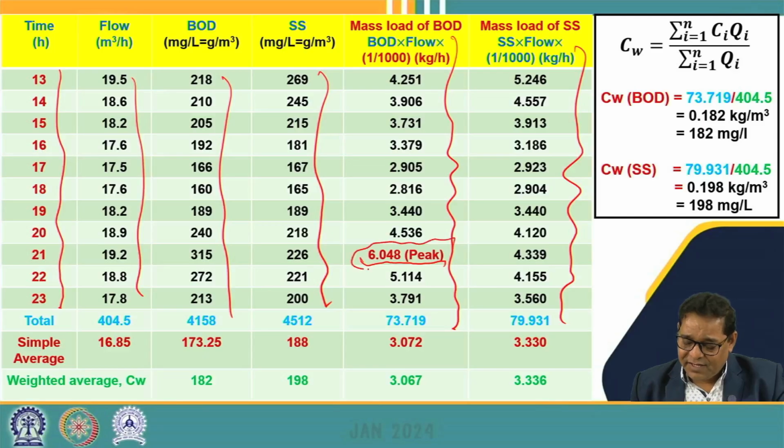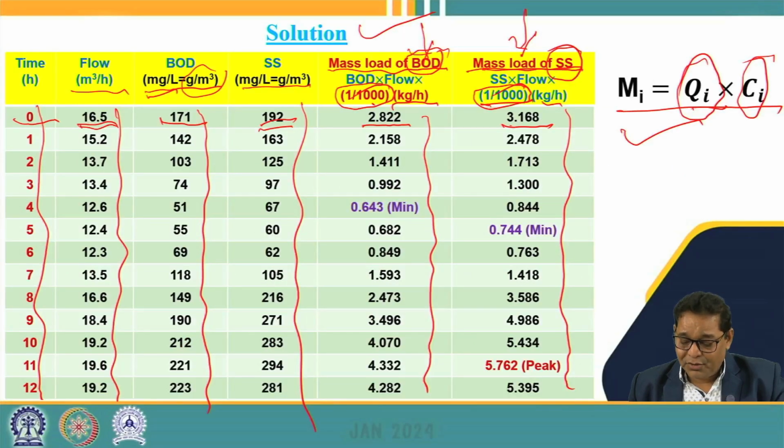So this is taken as the peak loading rate. Similarly, we also analyze the minimum loading rate, that is the value we get out of these 24 hours. If we look at the mass load of BOD, this value is 0.046. This value is 0.643.